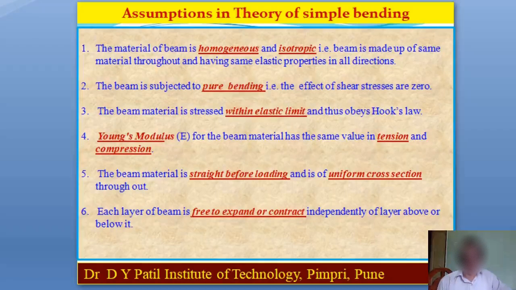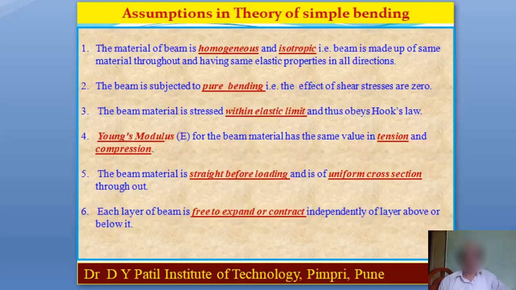When the load is removed, the beam should return to its original size and shape. Next, the fourth point: the modulus of elasticity for the beam material in tension or in compression must be the same. The beam material is straight before loading and has a uniform cross section throughout.